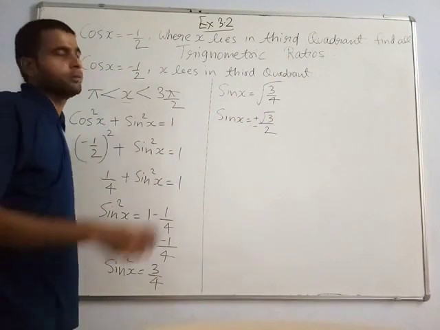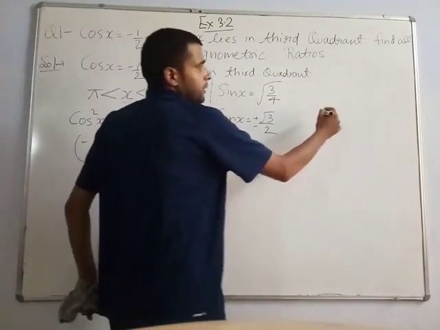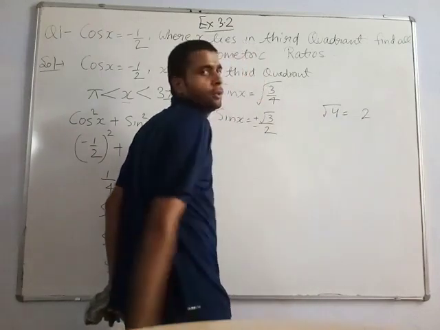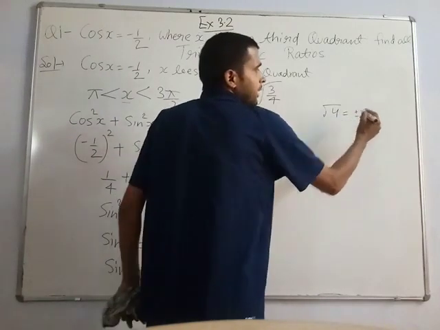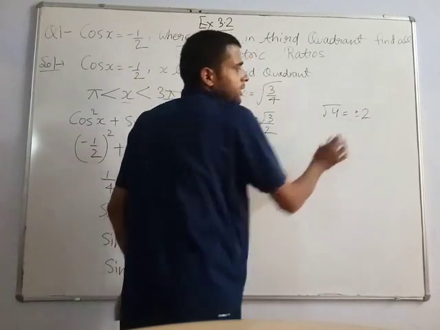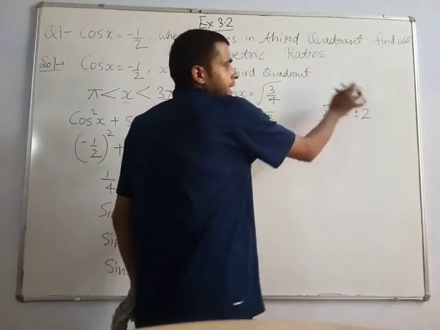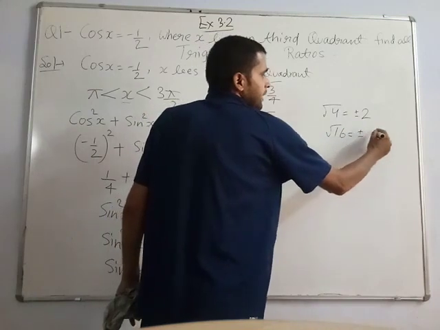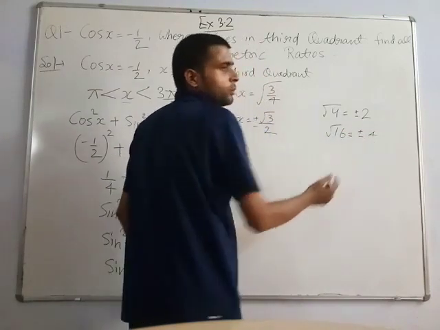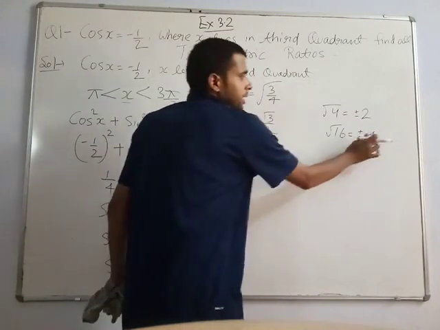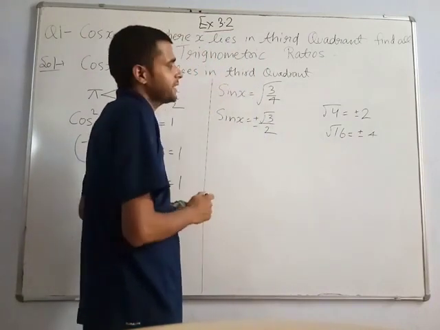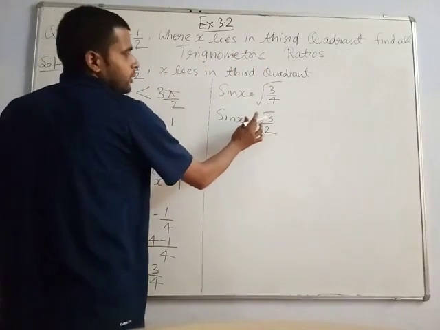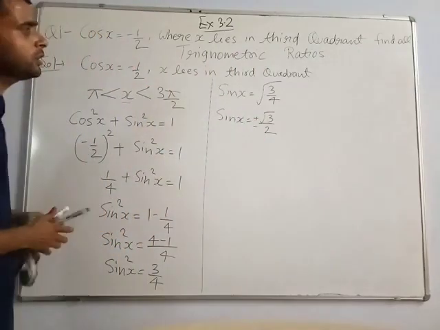The square root of 4 is simply 2, but we have to write plus and minus 2. Minus 2 is neglected, we only write plus 2. Similarly for 16, it is plus minus 4, we apply plus 4 but neglect minus 4. So sin x equal to plus minus root 3/2.